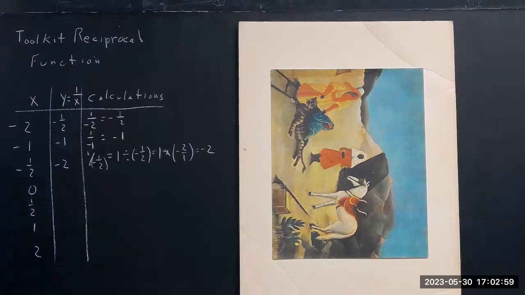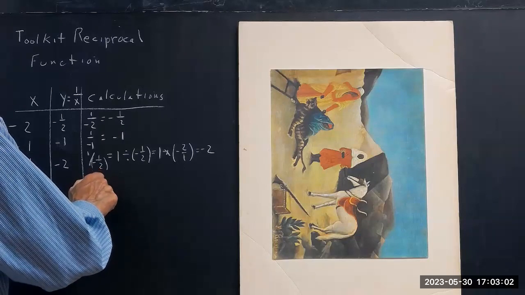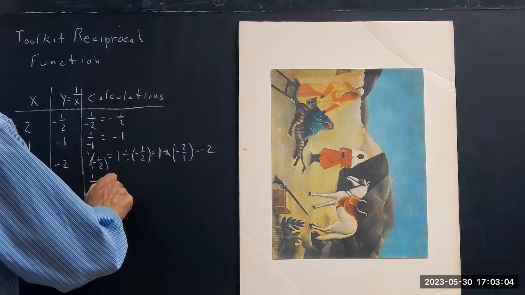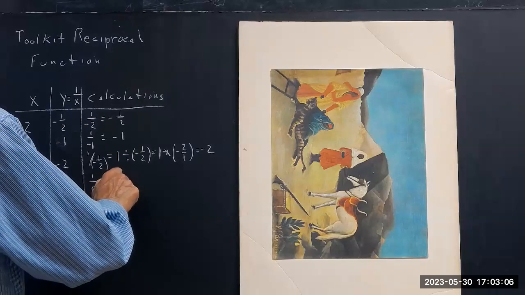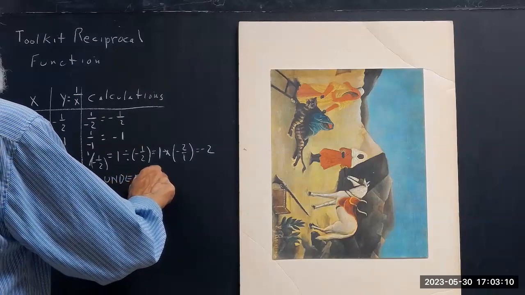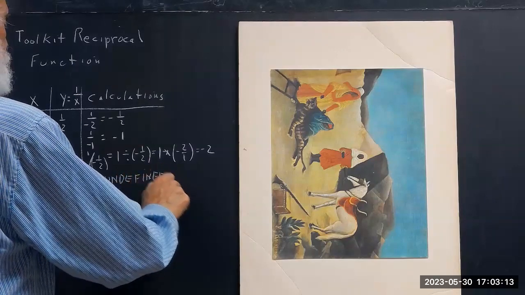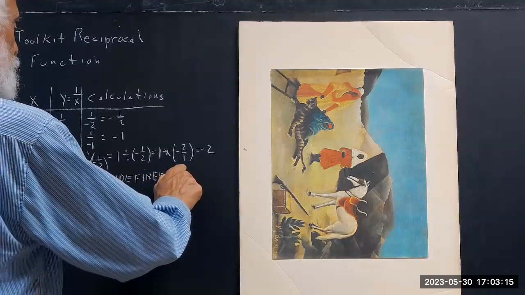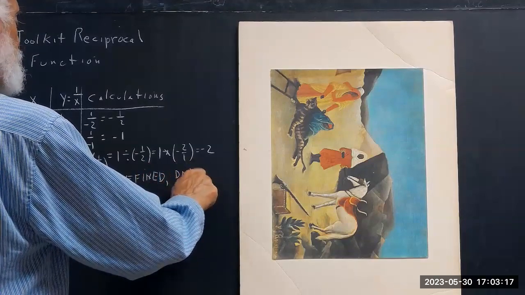And when x equals 0, we get 1 over 0. And this is undefined. Another way of saying it is it does not exist, DNE.